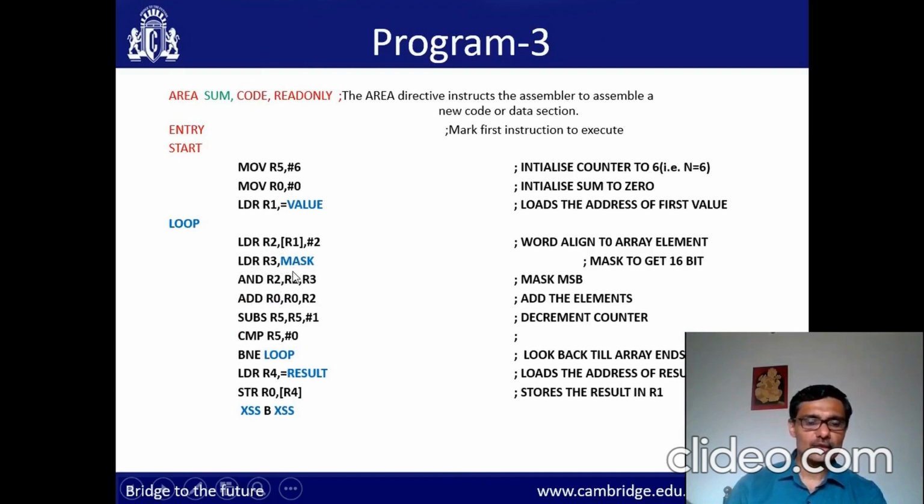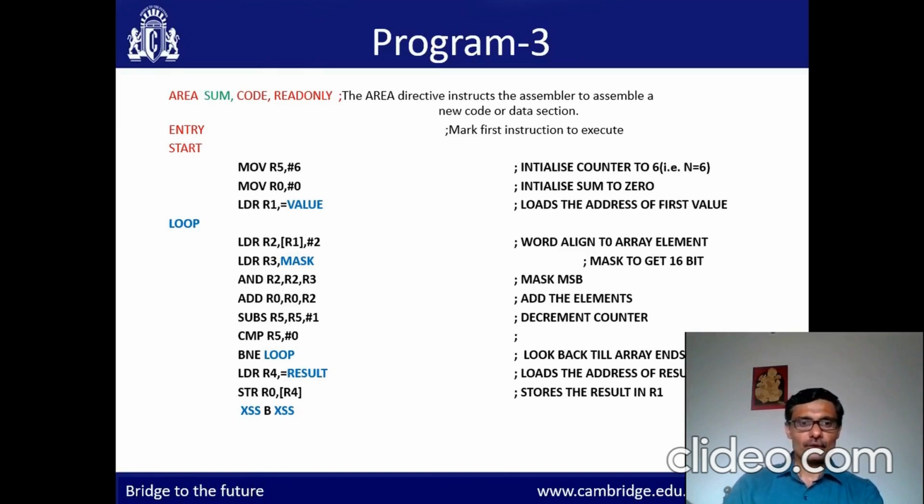What is there in R2? Our 16-bit number. R3 has a mask. After the AND operation, the result is stored in R2. Here what we are doing is masking the most significant 2 bytes, the most significant 16 bits.